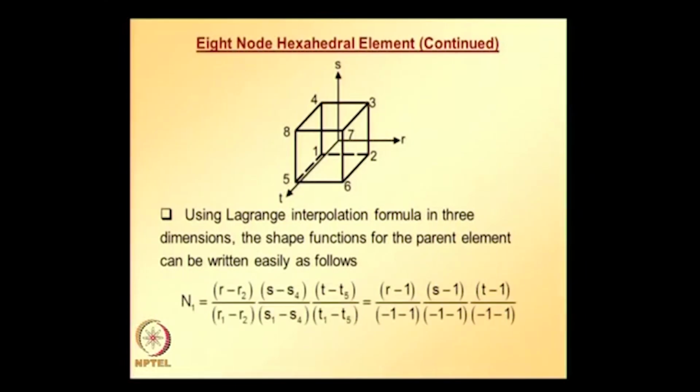So, this is the parent element, and applying the Lagrange interpolation formula we can write the shape function corresponding to node 1 in this manner.